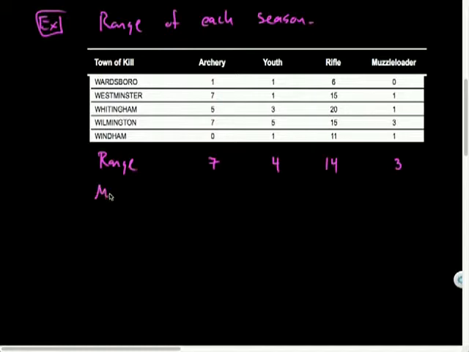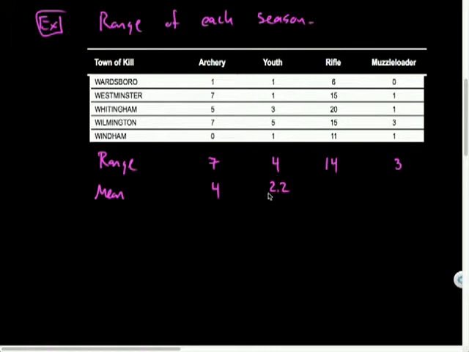So if we compare that to, say, the mean, which is measuring the center, or the middleness of the list, right? So 7 plus 7 plus 5 plus 1 plus 0 divided by 5. The mean for this one is 4. The mean for that one is 1 plus 1 plus 1 plus 3 plus 5 divided by 5 is 2.2.